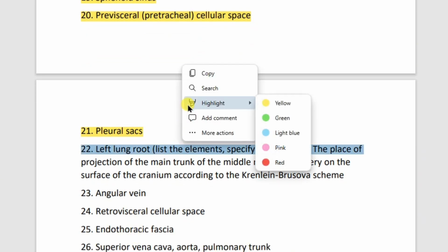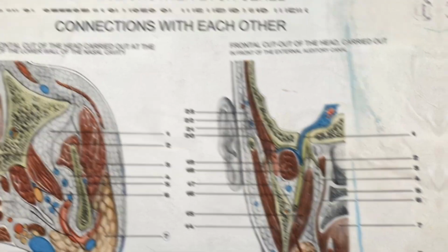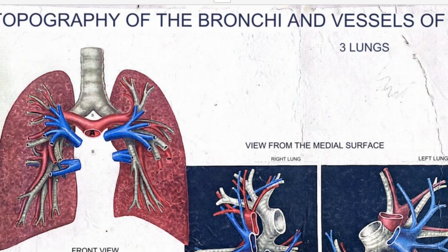Okay, so let's see what the left lung root is. What's the skeletotopy of the root of the lung? It's located at the level of thoracic vertebrae 5 to 7, T5 to T7.